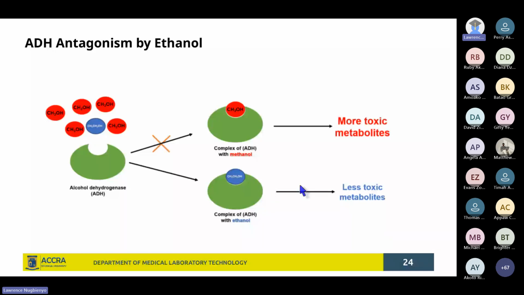So those metabolites, acetaldehyde and then quickly acetic acid, are less toxic than formaldehyde and formic acid. In that way, methanol intoxication is treated.